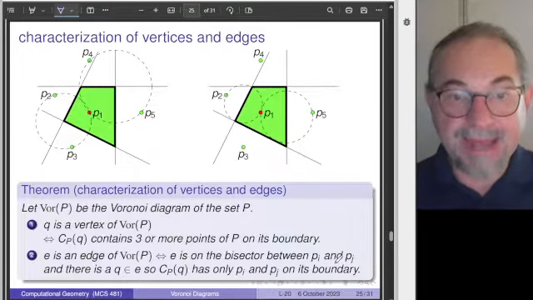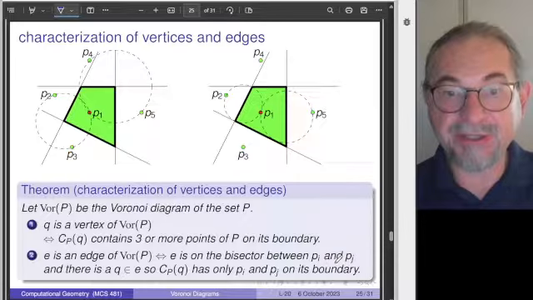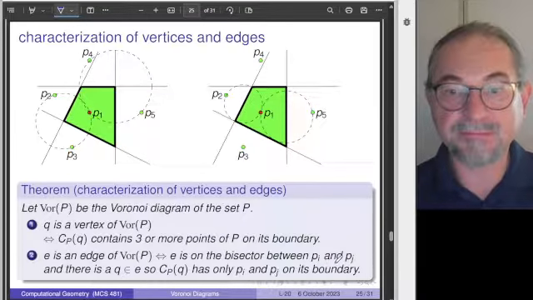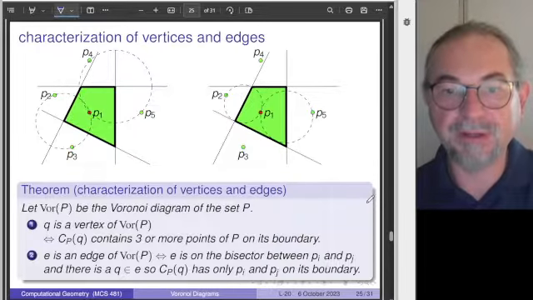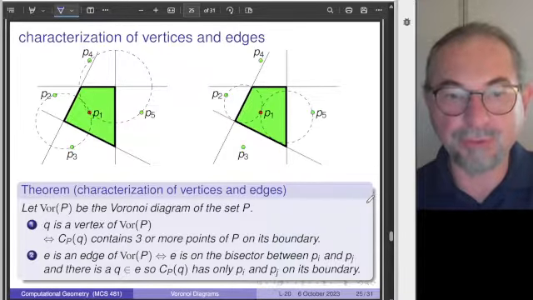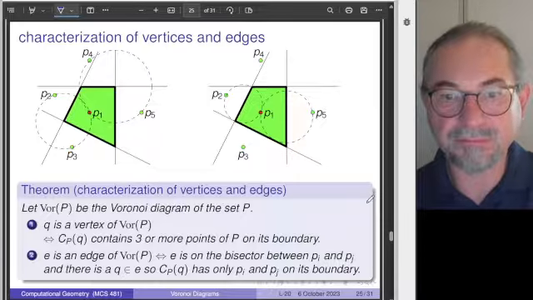If we have an edge, then the edge is on the bisector between these 2 points, and there is the connection with the largest empty circle.